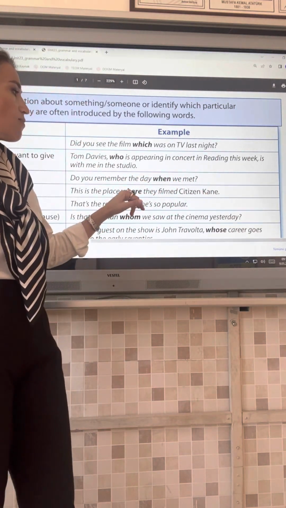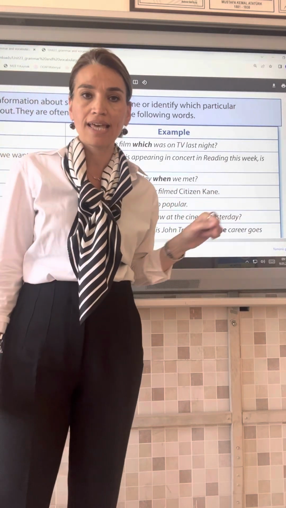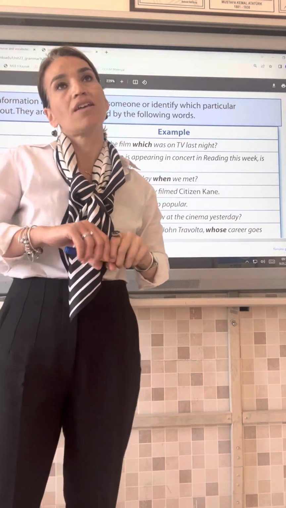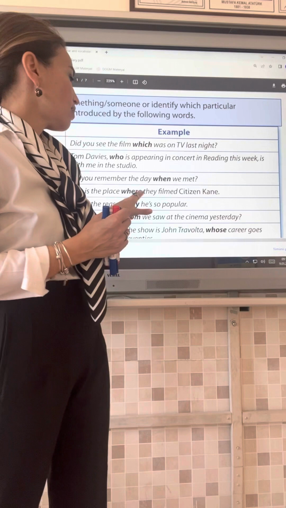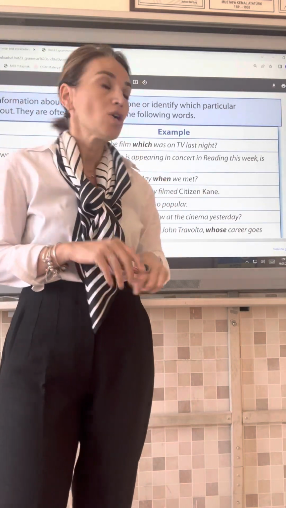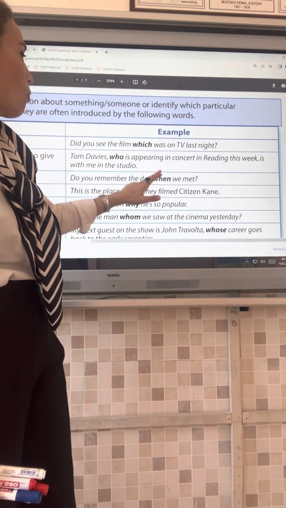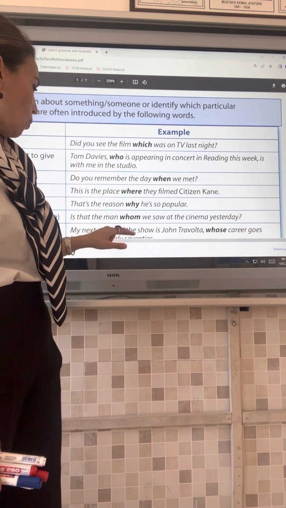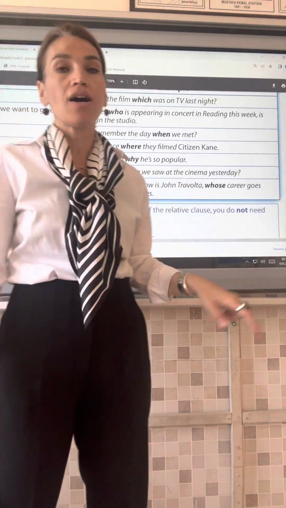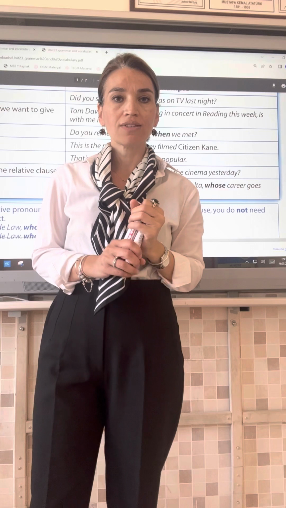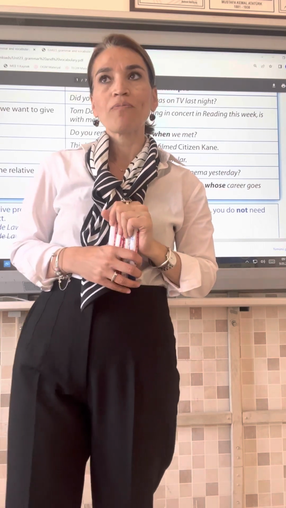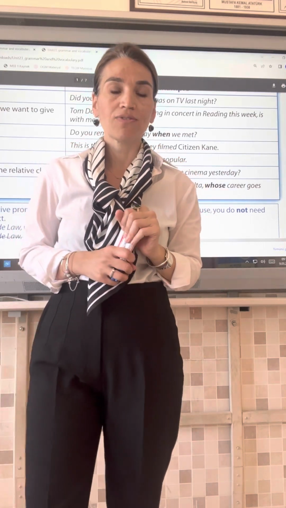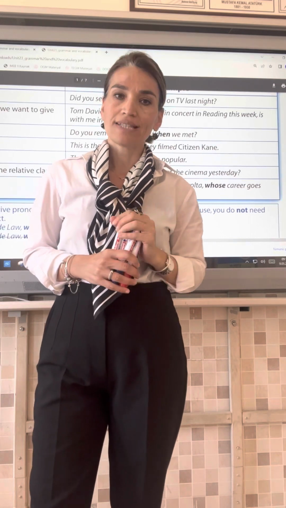This is the place where they filmed Citizen Kane, and for places, as you can guess, we use where as a relative pronoun. So, which, who, when, where, why, whom, and whose are the relative pronouns that we use in order to give extra information in our sentences.